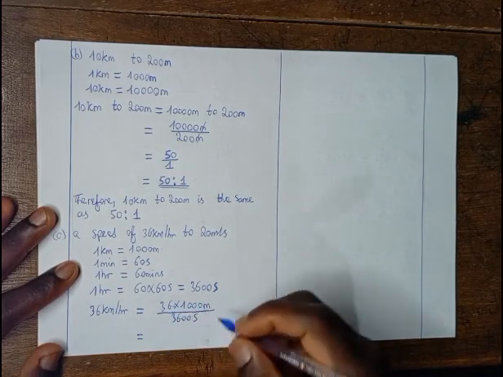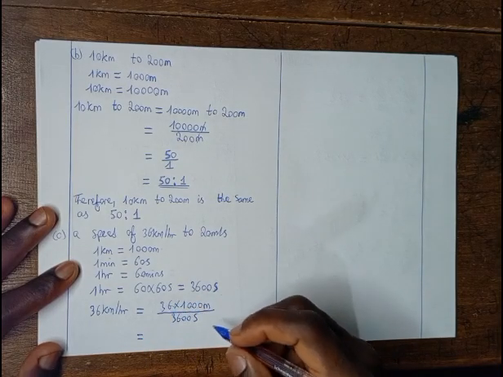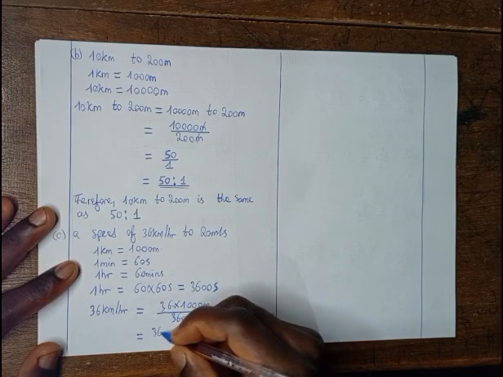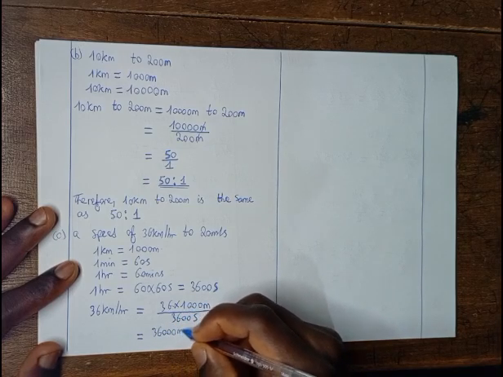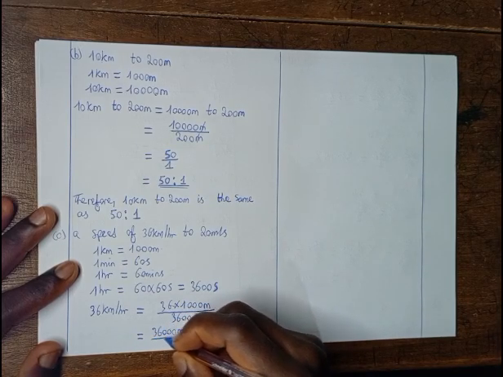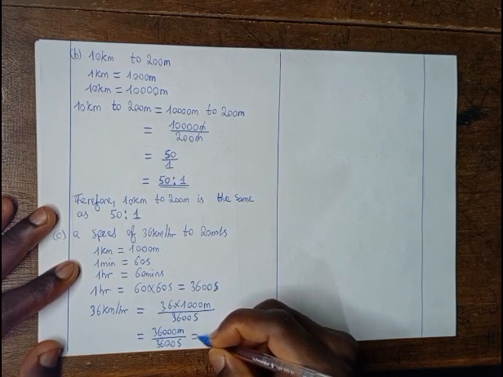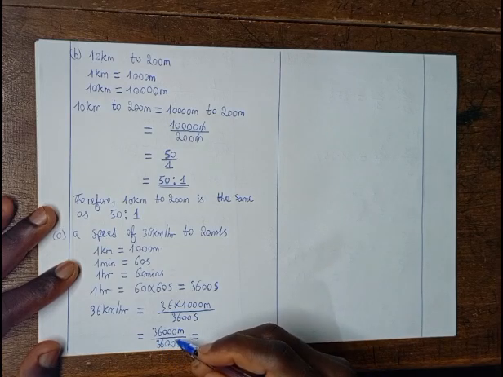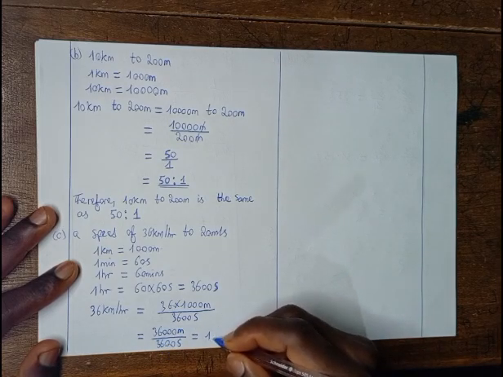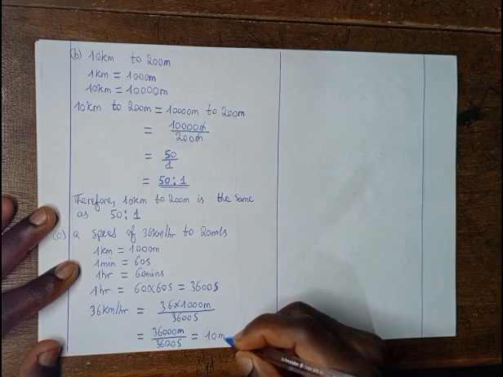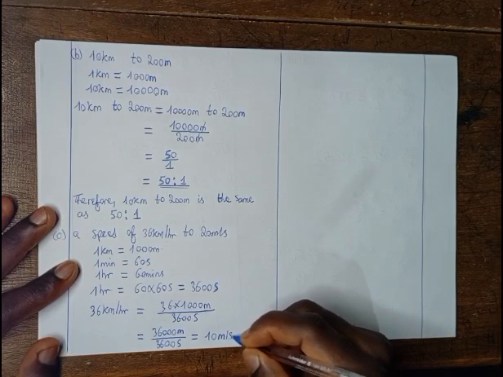This will simply be equal to, if we take 36 times 1000, this will give us 36,000 meters all over 3600 seconds. This will simply be equal to, if we simplify, 10 meters per second.